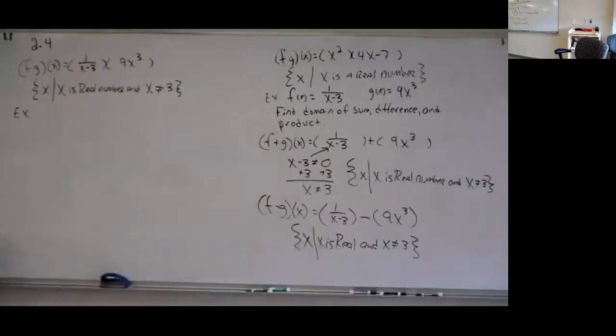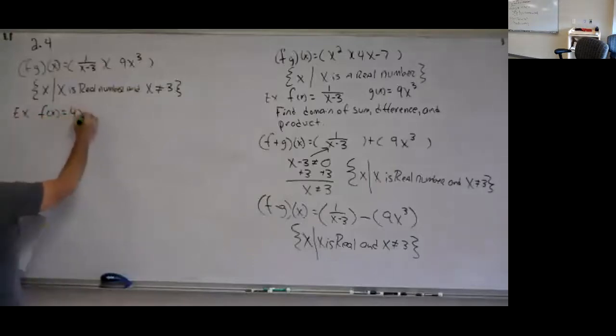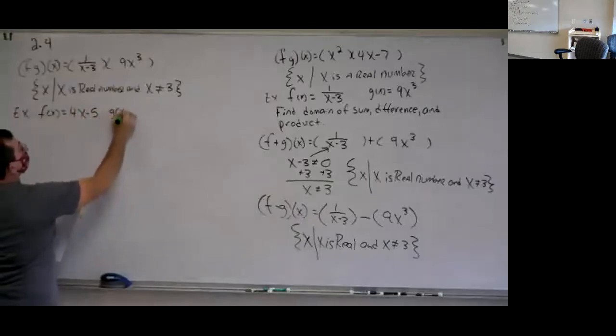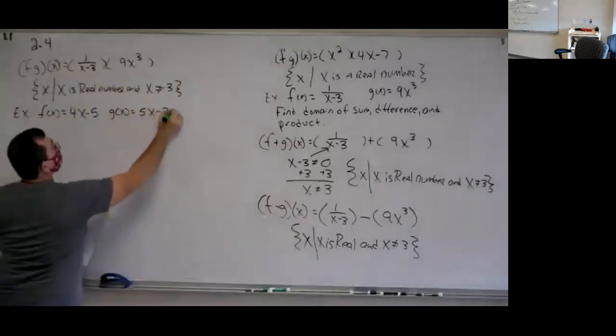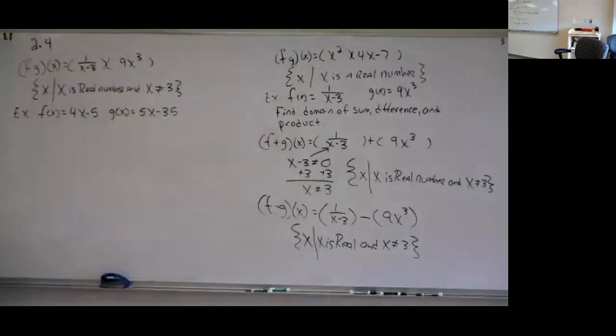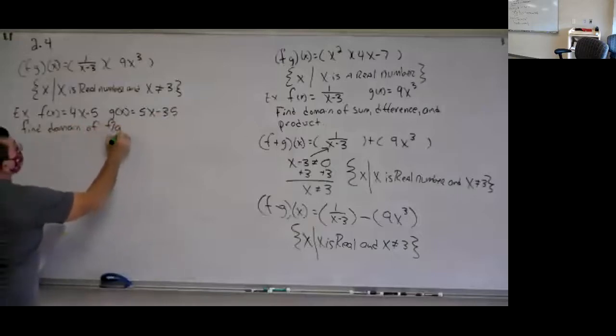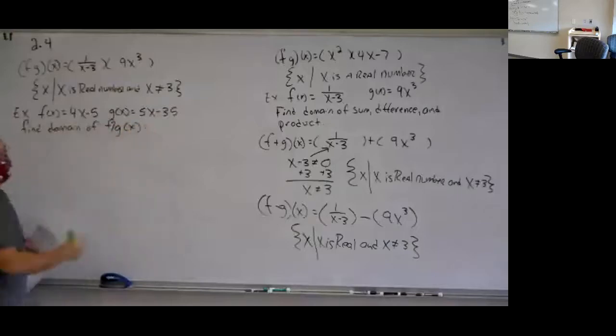All right, so here we go. They're giving us f of x, 4x minus 5, g of x, 5x minus 35. They want me to find the domain of f divided by g of x.